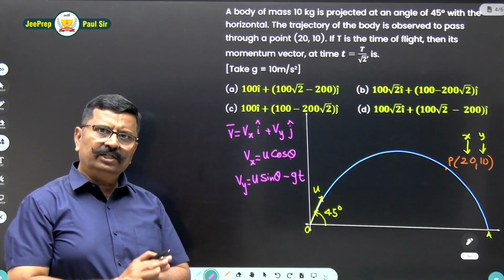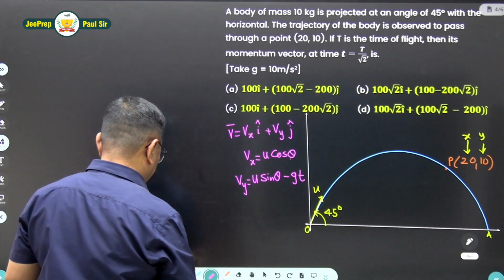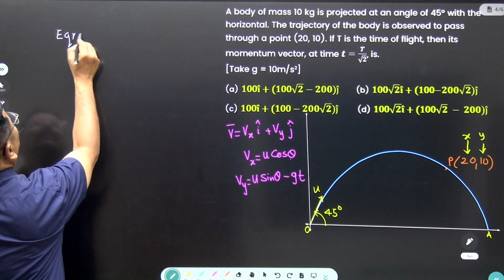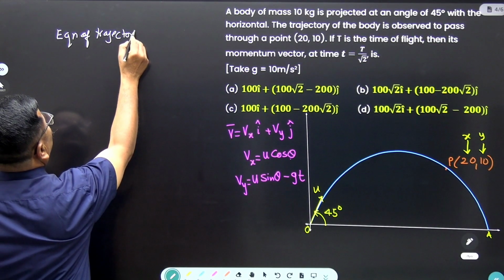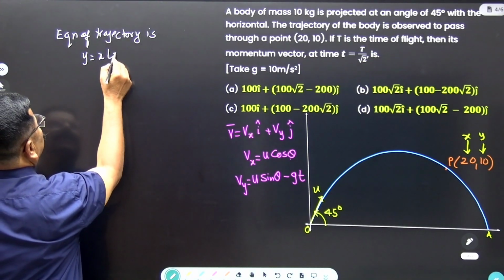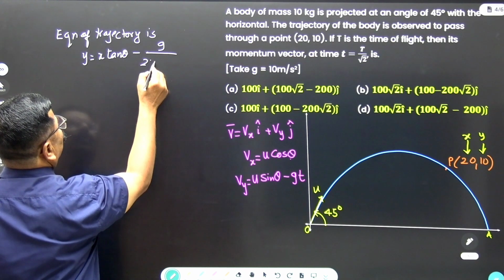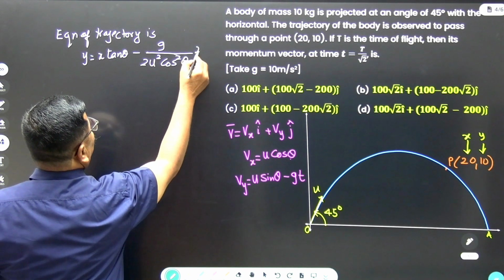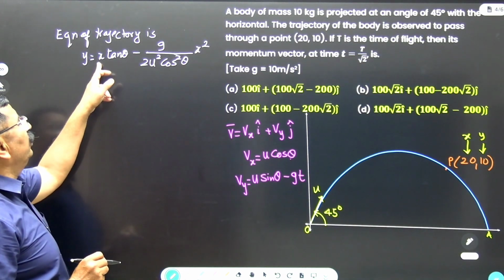To calculate the initial velocity u, we will consider the equation of a trajectory. The equation of a trajectory is y is equal to x tan theta minus g upon 2u square cos square theta into x square. Now in this, we know y, we know x.